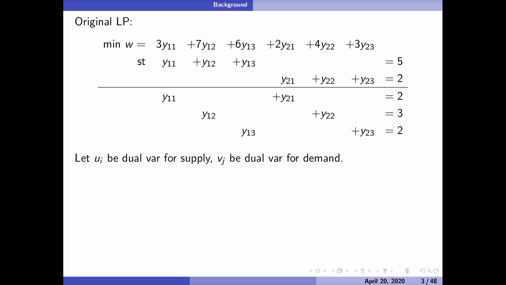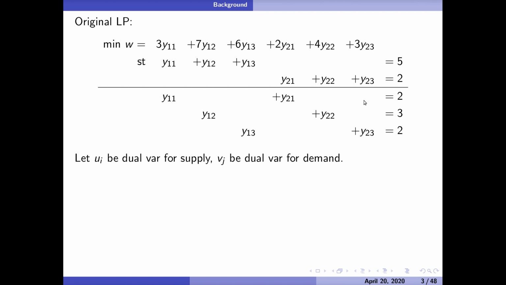Good. Now you may not have put ui and vj as your dual variables, but we should practice doing that. Like I said before, ui is going to be the variables for the warehouses, and vj is going to be the variables for the customers. And so we'll have a u1 and a u2, and then a v1, v2, and v3.